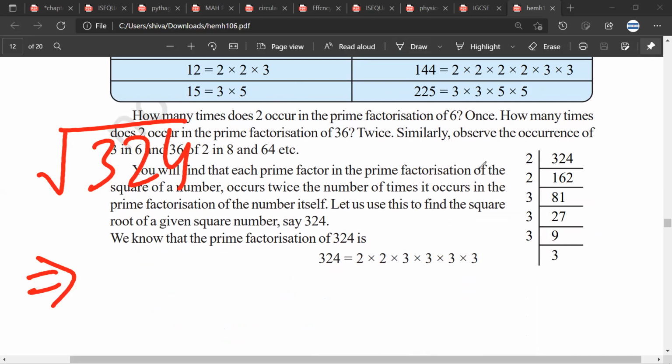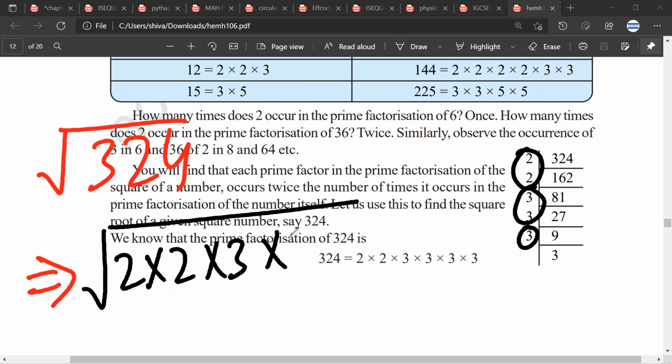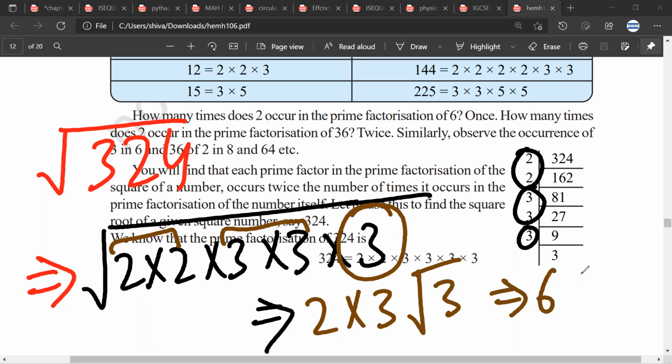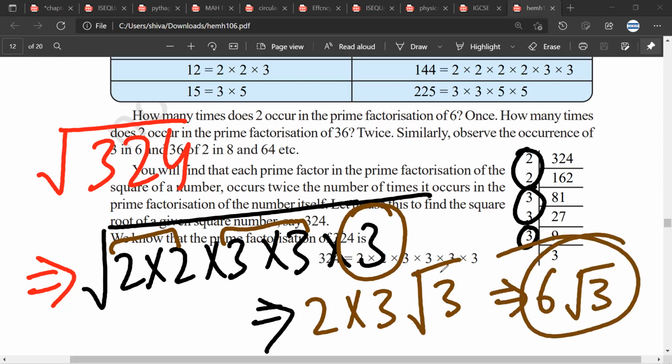Because when you do its prime factorization, this is a love kush, this is a love kush, but there is no pair for this. Mr. Aryaman, can you see? Yes. Mr. Sarthak, can you see? Yes, sir. Mr. Satya, have you understood? Yes, sir. Now understand the logic. This became a love kush, this became a love kush. Their work is done, so kush ran away and love remained. Any doubt till here? No doubt, sir. But this one has no brother, so it will stay inside. Mr. Sarthak, any doubt? No, sir. Mr. Satya, any doubt? No, sir.